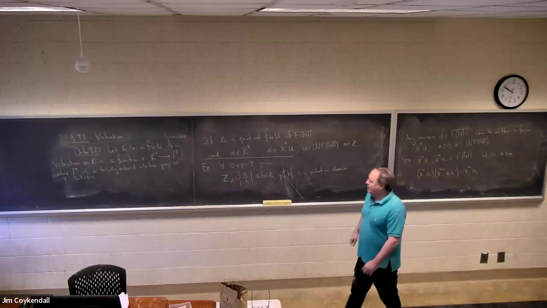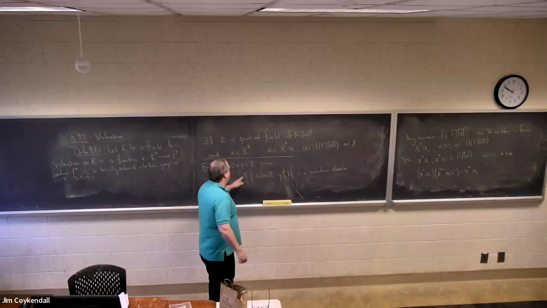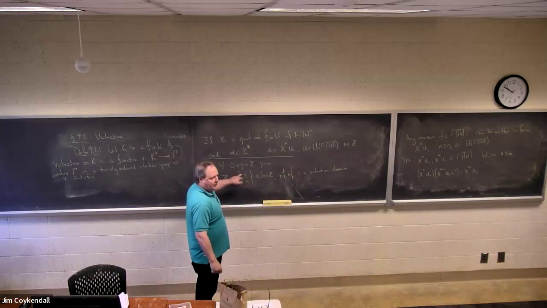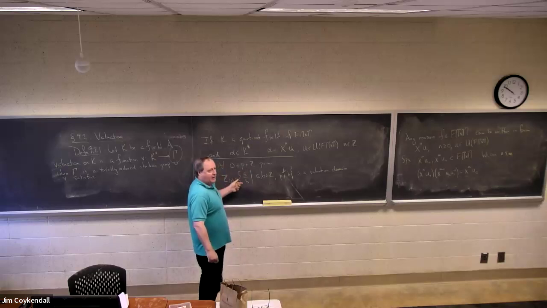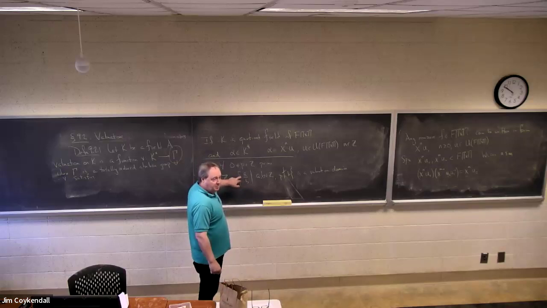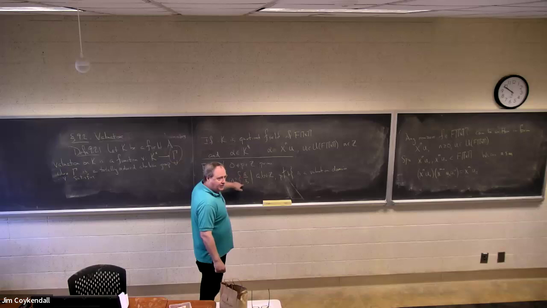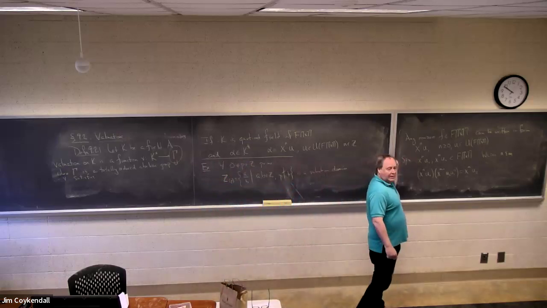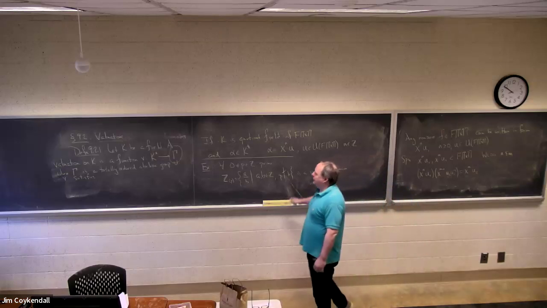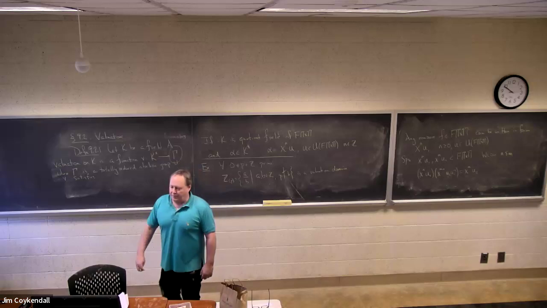Notice if you have an arbitrary non-zero fraction in the rationals, if I give you any prime p, you can pull as many p's out of the top as you can, and as many p's out of the bottom as you can, and you can cancel. So any arbitrary fraction in the rational numbers can be written as a power of p, positive or negative, times a fraction where both top and bottom are relatively prime to p. So that's very much like this power series here, where instead of x, we now have p. This is also a valuation domain with value group Z.